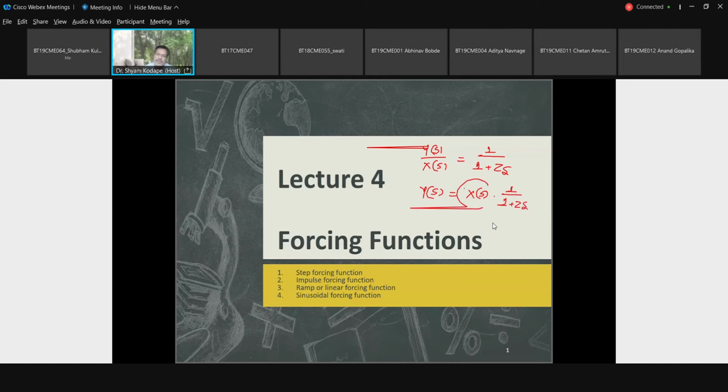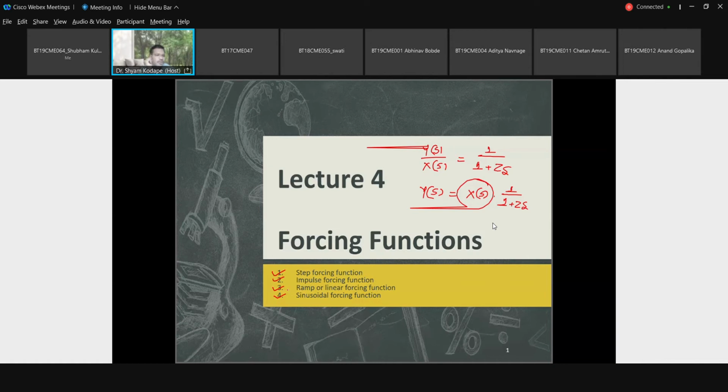And the nature of X(s), that is the input, is based on what type of input we are deliberately introducing into the system. We are deliberately performing this task to identify the response of the system.